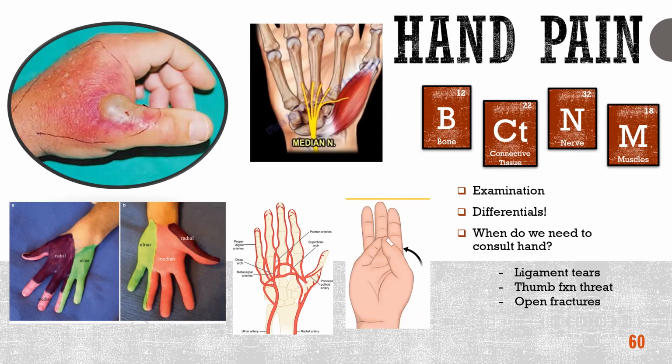So if you're worried about hand injuries and you want to document that the hand is still functional, it's important that you have the thumb touch every single finger. And if the thumb can touch the pinky, then that's called the opponens. And that says that that little tiny nerve from the median nerve is able to be functional.